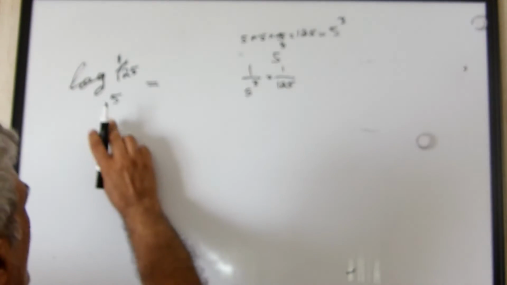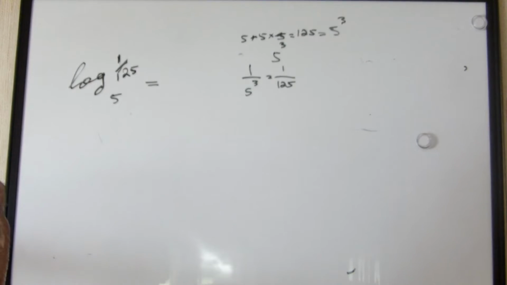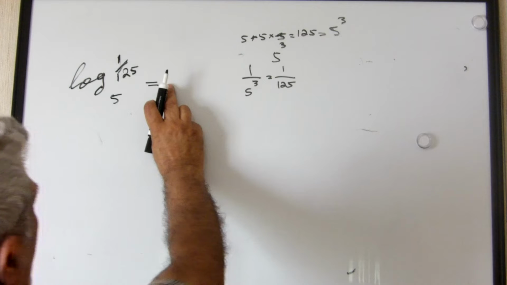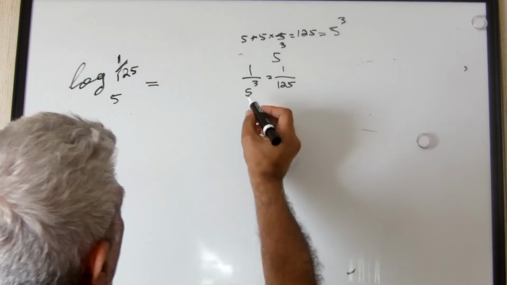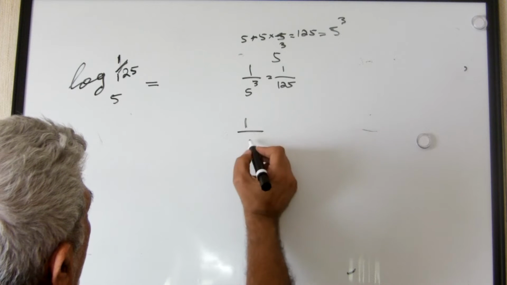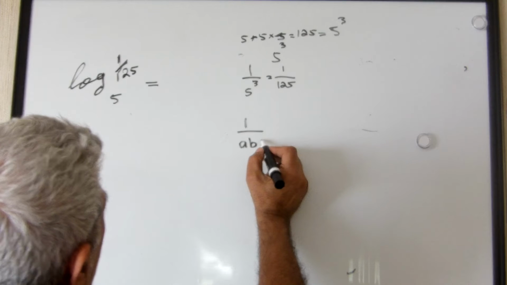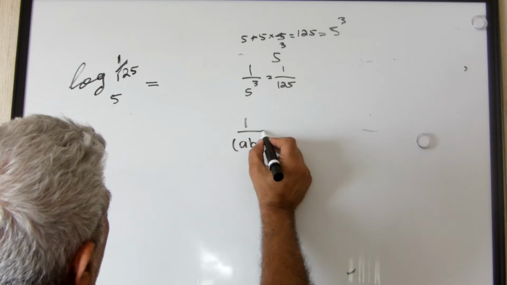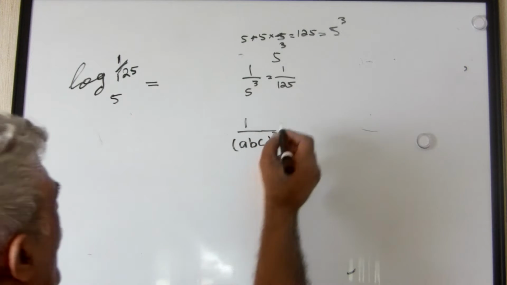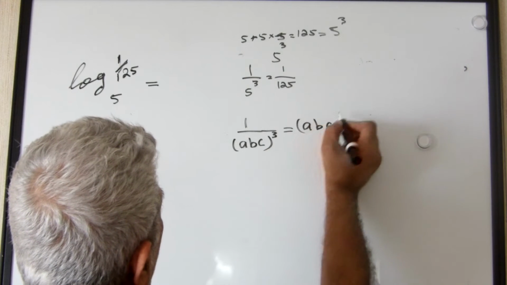So actually what we have here is going to be this one. See, we said earlier that if you have something like a, b, c to the power of 3, we can write it this way: a, b, c to the power of -3.